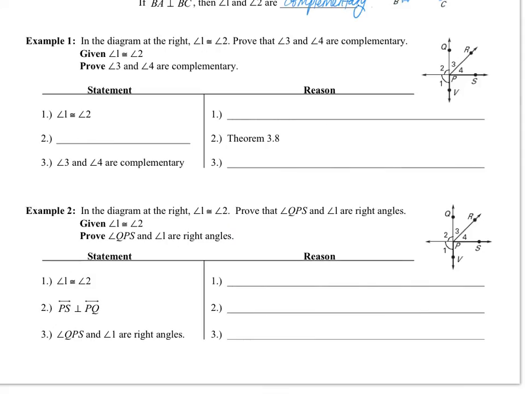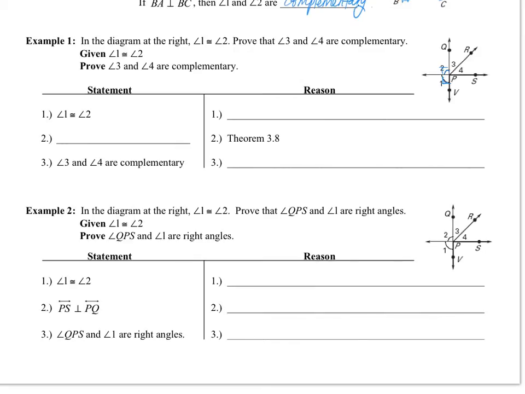Now we're going to use the above theorems to prove the two following examples. In the diagram at the right, angle 1 is congruent to angle 2. Then I can immediately conclude that the lines are perpendicular by theorem 3.8.